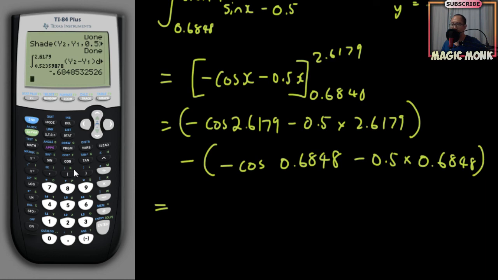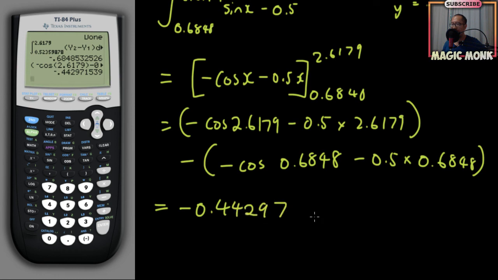Okay, so now if I put all that in, I'm going to go negative cos 2.6179 minus 0.5 times 2.6179, and I will get negative 0.44297.